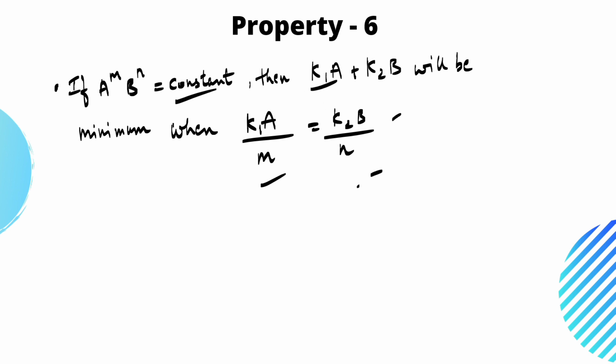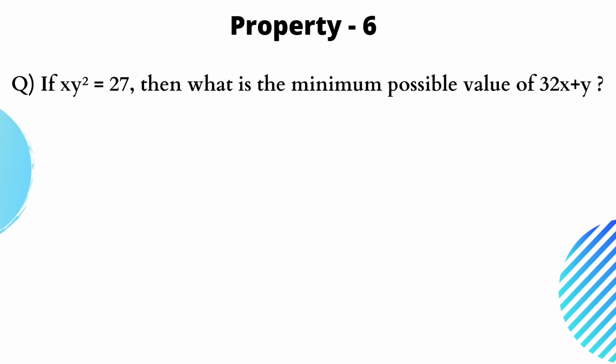So in this case it will be minimum. We shall apply it in this question now. If xy square is equal to 27, then what is the minimum possible value of 32x plus y?